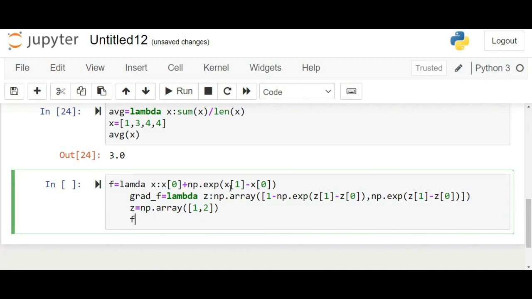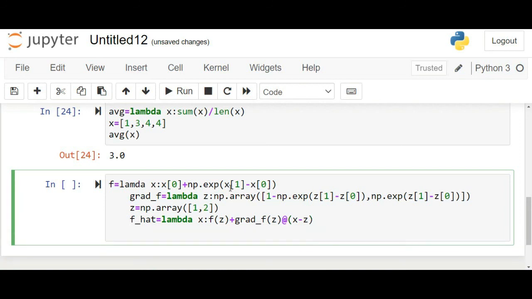Now f_hat is equal to lambda x colon f of z plus grad_f of z at x minus z.